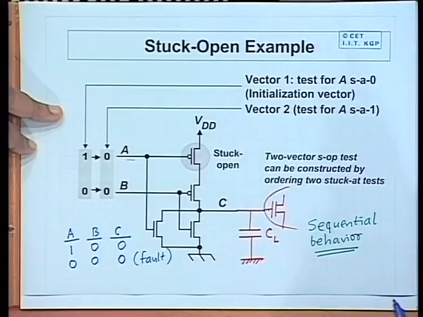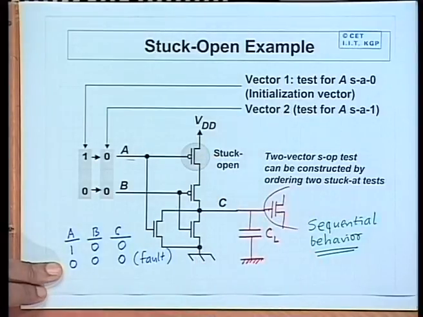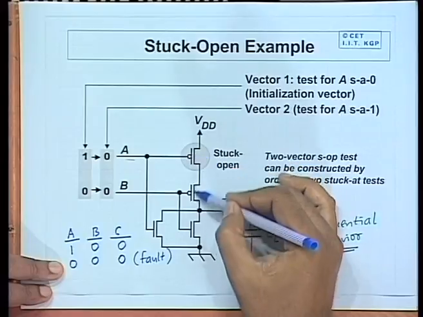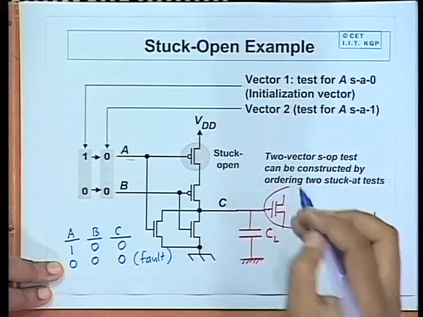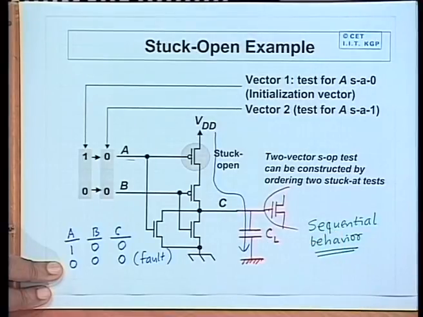It remains discharged because there is no path for charging. But if this fault was not there, then when you apply 0 0, both these two transistors would be on and the capacitor would get charged through this path and the C value will be 1.